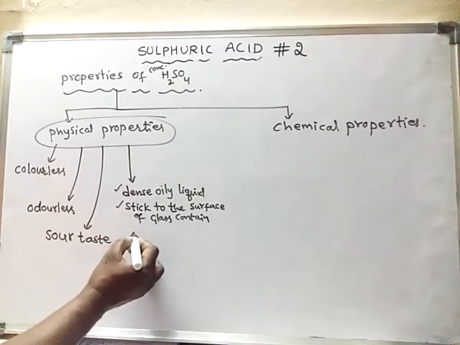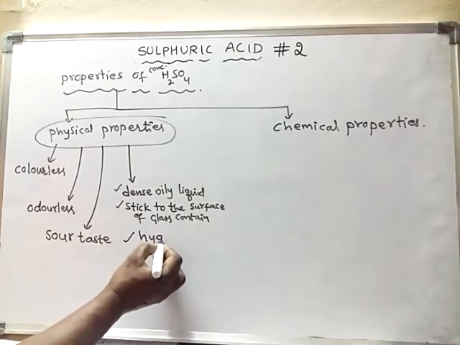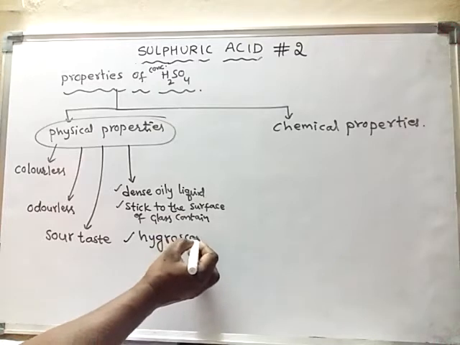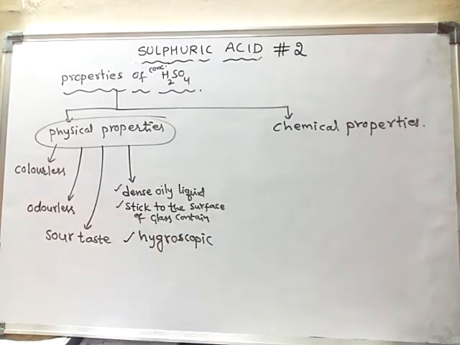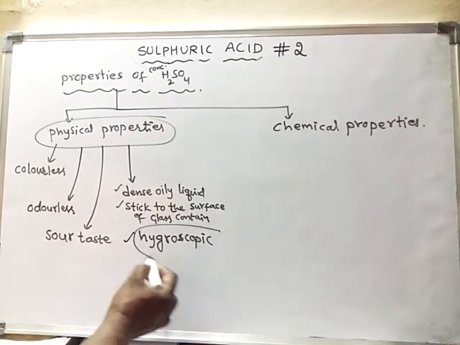And one more thing is, it is hygroscopic. What is the meaning of hygroscopic? Hygroscopic means it absorbs moisture from the atmosphere. If any substance absorbs moisture from the atmosphere, then it is said to be hygroscopic in nature.